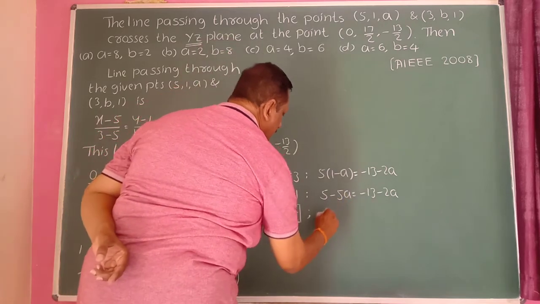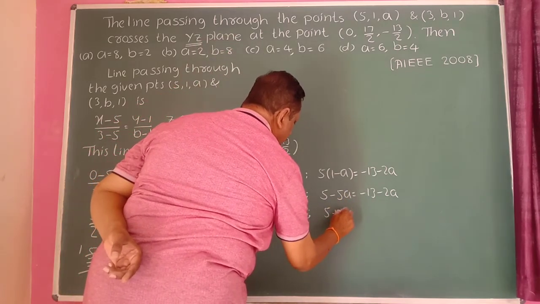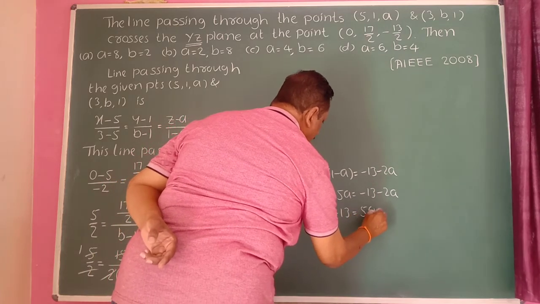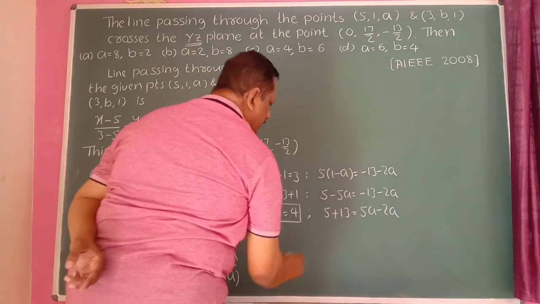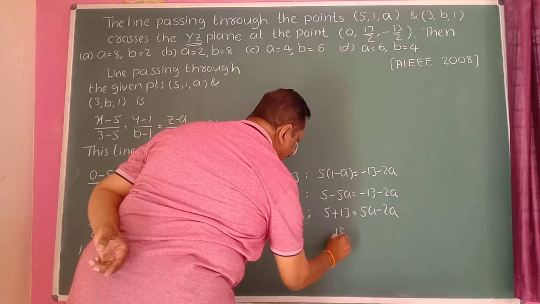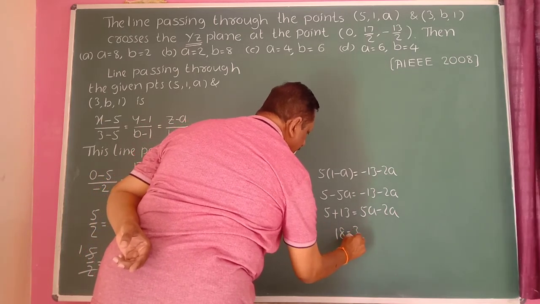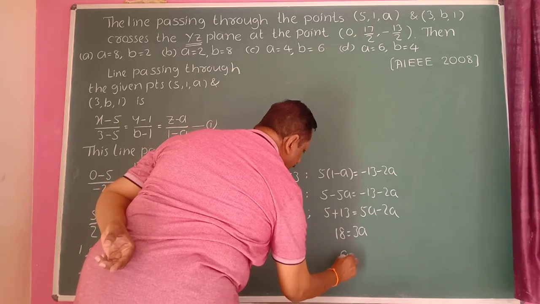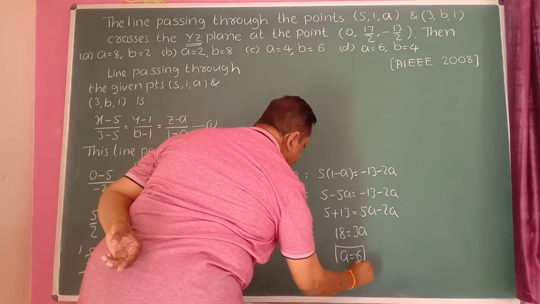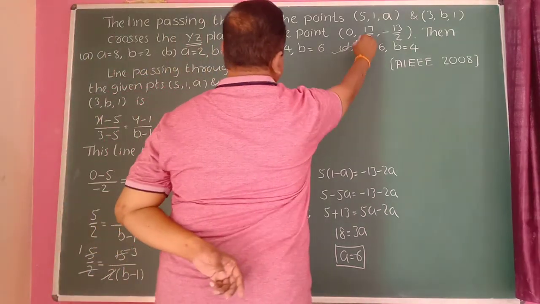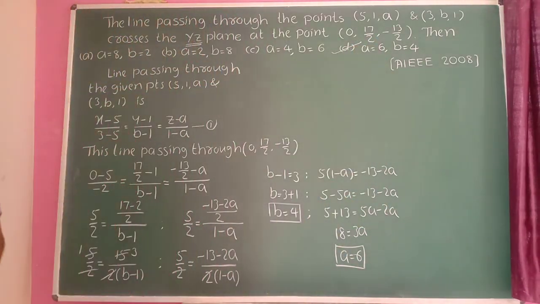Taking 13 to this side, 5 plus 13, and taking minus 5a to that side, 5a minus 2a: 13 plus 5 becomes 18, is equal to 5 minus 2 becomes 3. Therefore the value of a is 6. So a is equal to 6 and b is equal to 4. So D is the answer.